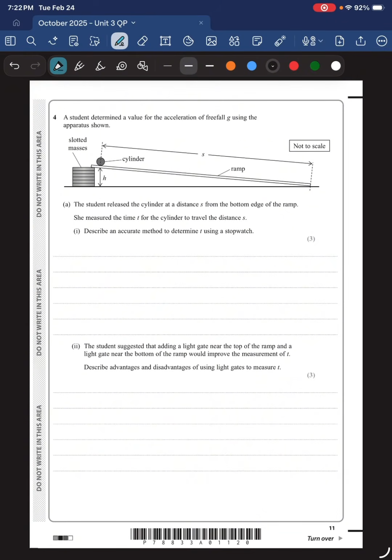So I guess the first thing to make sure is to keep h and s constant, and record t for 5 times. Okay, so you have enough data.